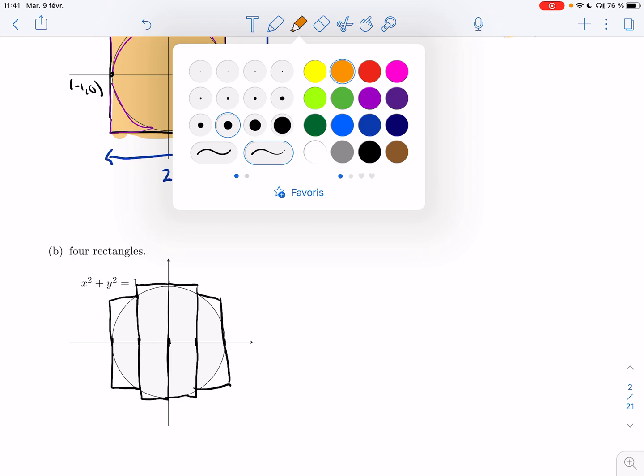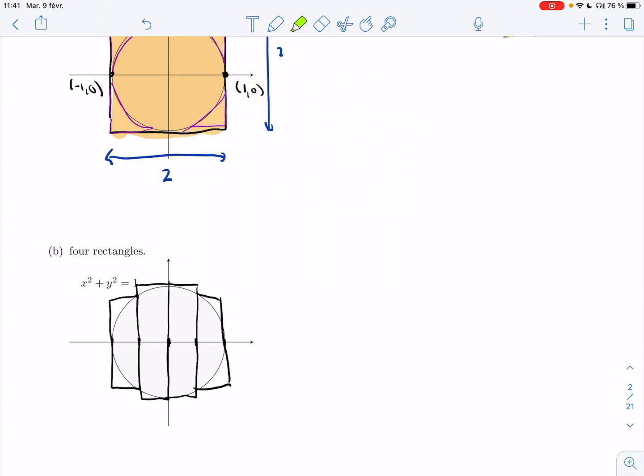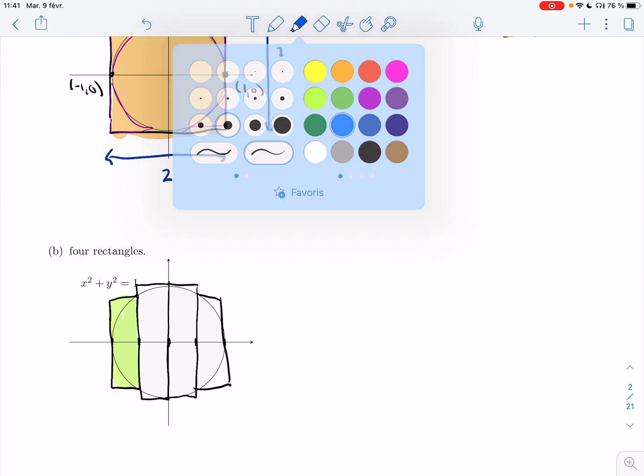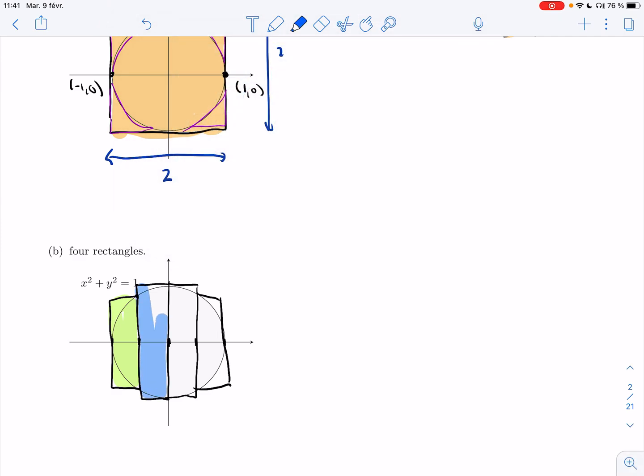All right, so I'm going to get 4 different regions, 4 different rectangles, and I'm going to say that my area is approximately the sum of all of these.